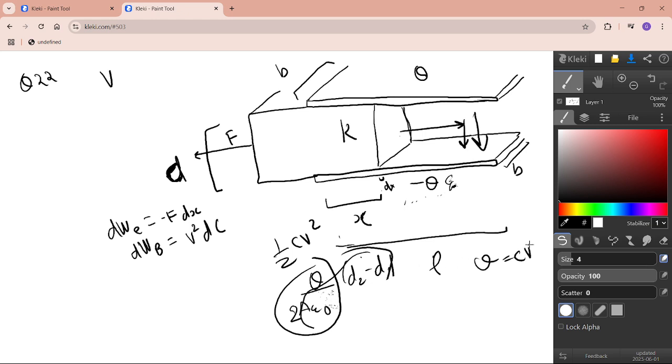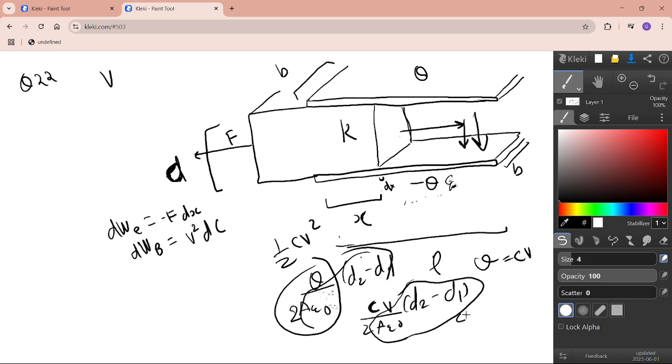Q can be written as C V. This whole thing can be written as electric field. Also, I mean the force by the electric field. A epsilon naught is the capacitance. I'm getting confused. It's the capacitance.